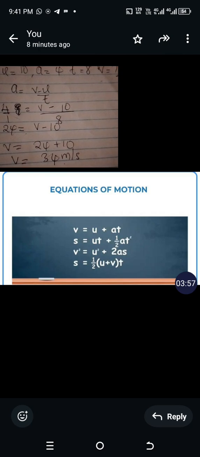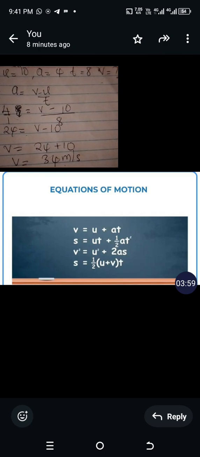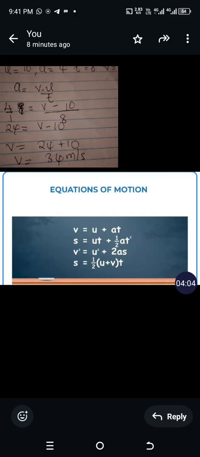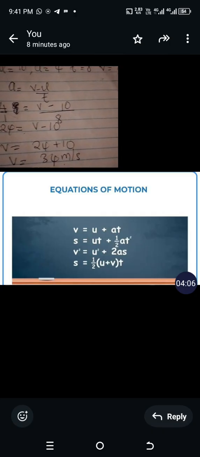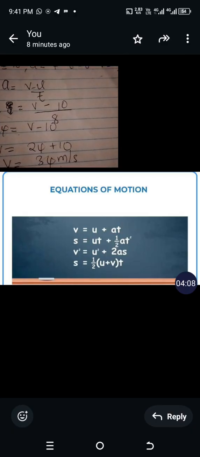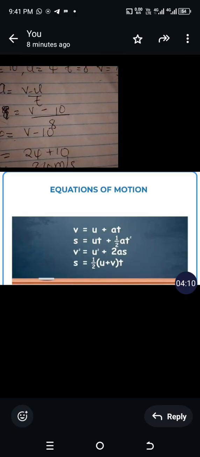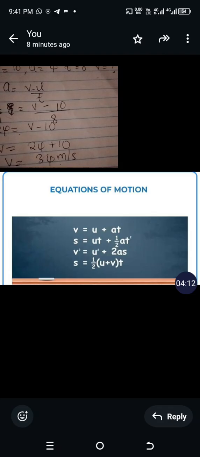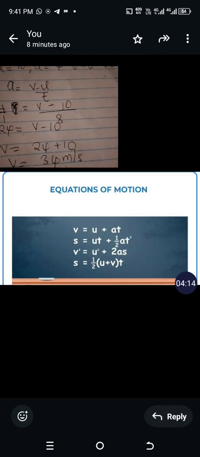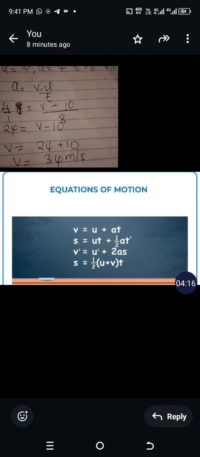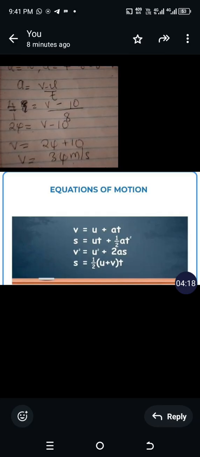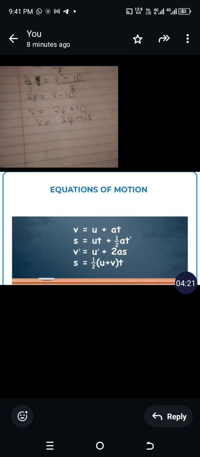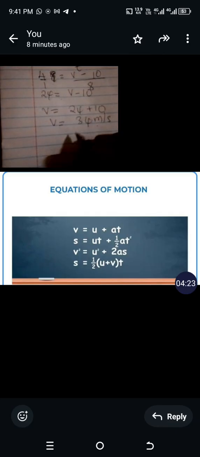The second, that's distance. The other one's also velocity, the other one's also distance. So we can play around these equations to solve what we are looking for. Sometimes they might say find time, it's just a matter of substituting. Sometimes they might say find distance, you just substitute according to what you have.